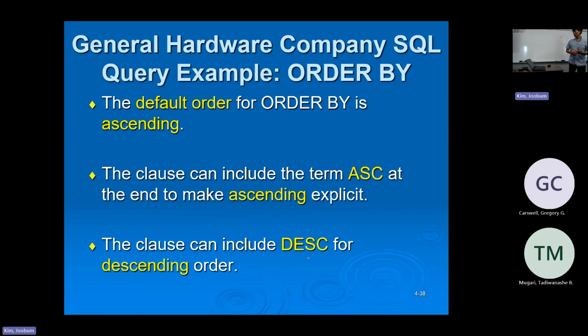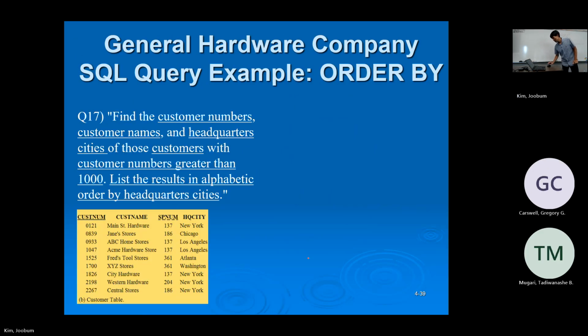And then the next one is order by. Sometimes if we want to sort the output, you can use the order by operator. Find the customer number, name, headquarters city, where customer number is greater than 1,000, but sort the result in alphabetical order by headquarters city.